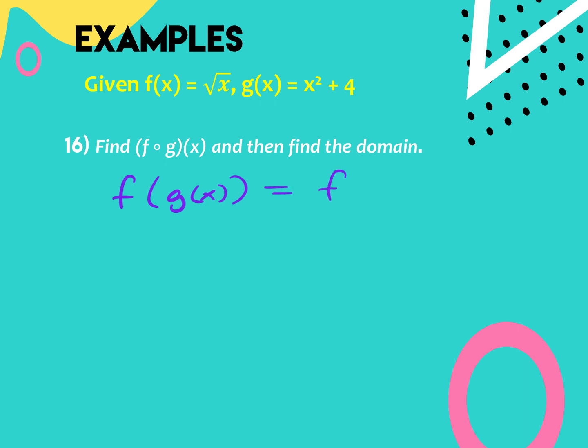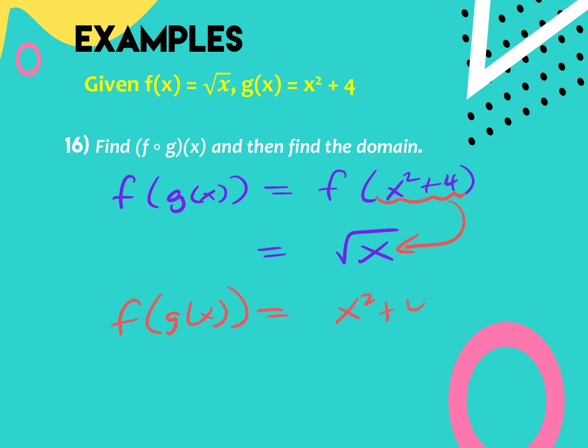So really what we're doing here is plugging in the g of x function for the x. Remember, your f of x function is the square root of x. So all I'm doing is taking x squared plus 4 and putting it under the radical here. So f composed with g is going to be the square root of x squared plus 4.